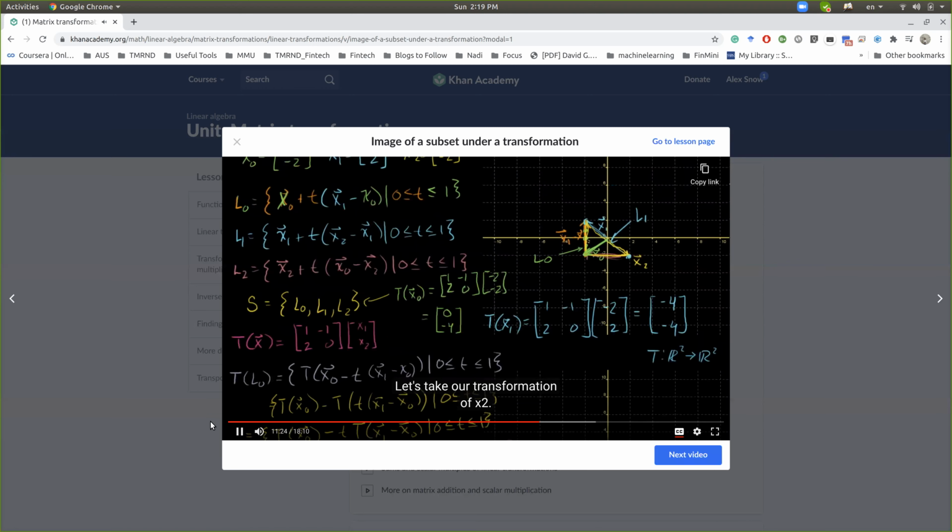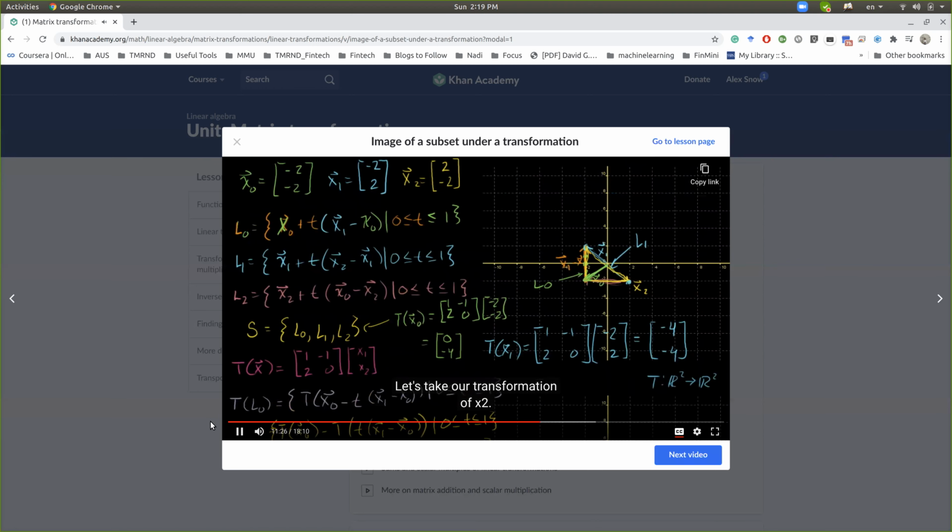Let's take our transformation of x2. So the transformation of x2 is equal to our transformation matrix, 1, 2, minus 1, 0, times 2, minus 2. And so this will be equal to 1 times 2 is 2, plus minus 1 times minus 2.